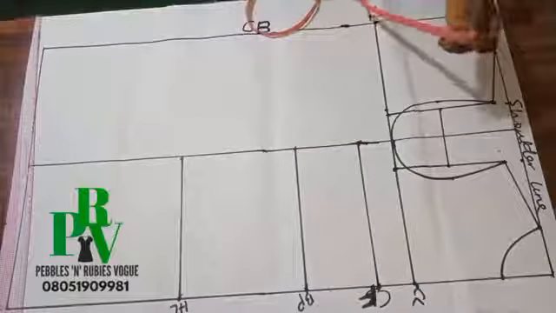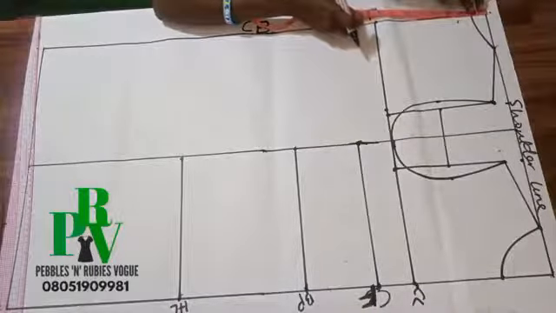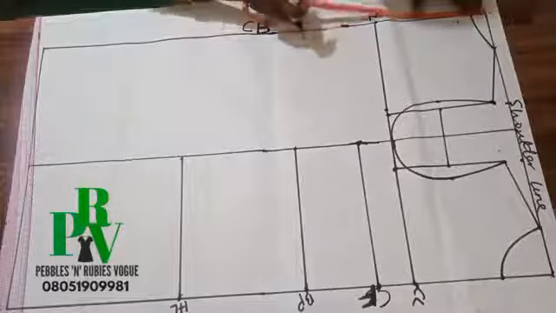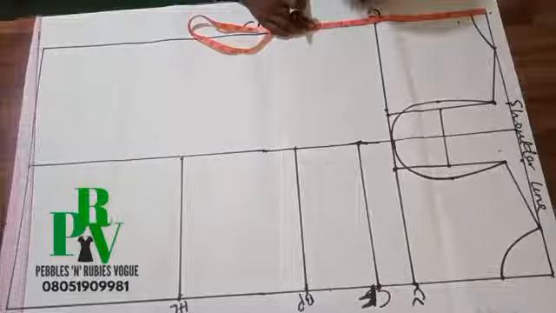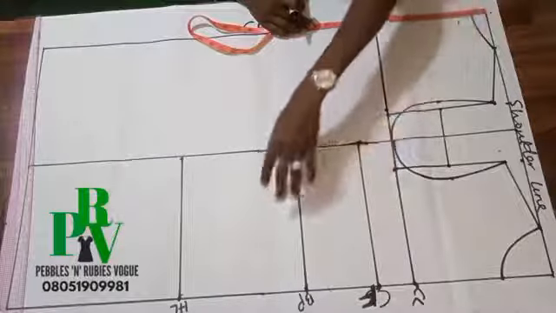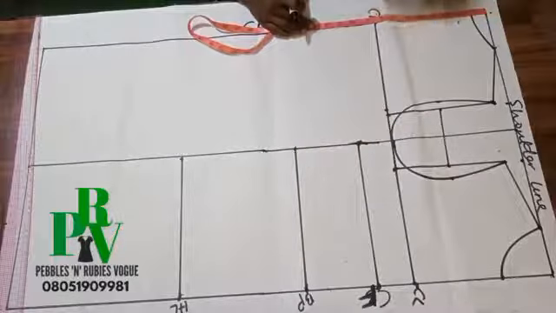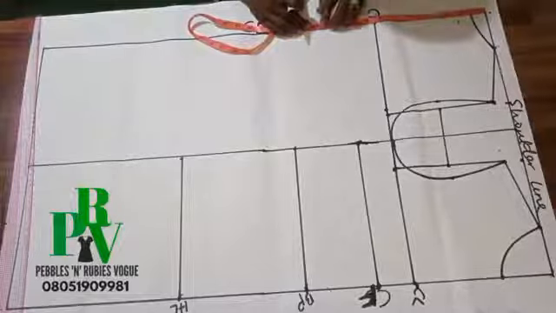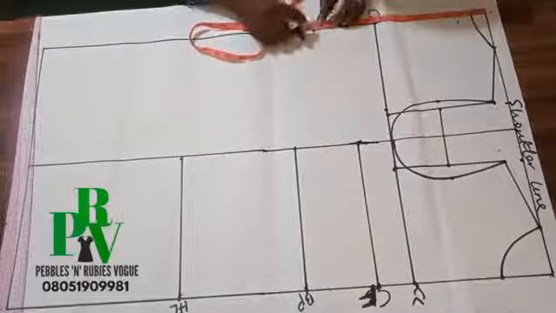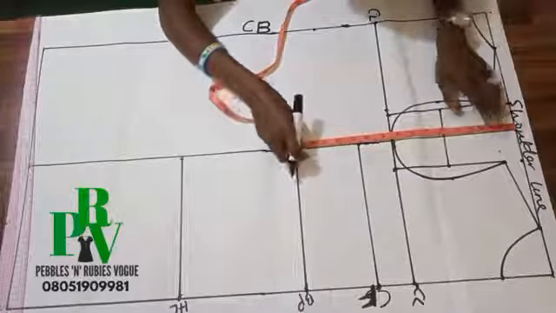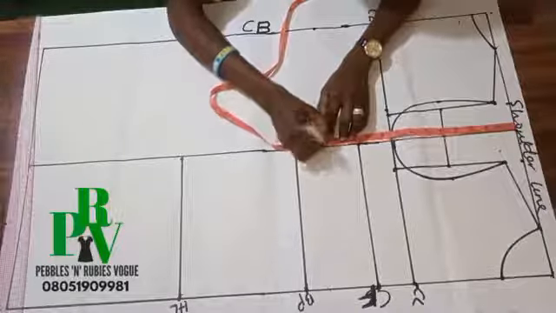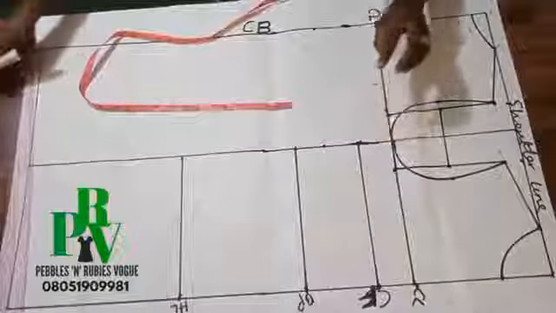So we move to the back block. Right from the shoulder line, I'll mark the waistline. The waistline I'm working with here is 13 inch. That is 2 inch different from the front block. So from the shoulder line, I'll mark 13 inch. This is my back length, that is shoulder to waist, 13 inch.